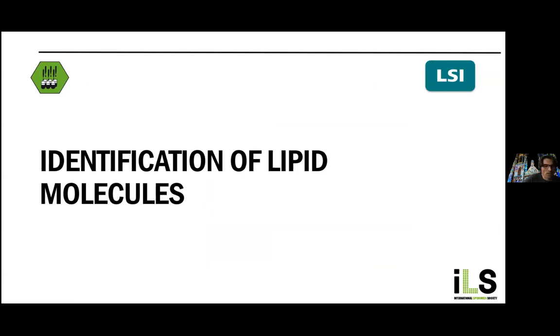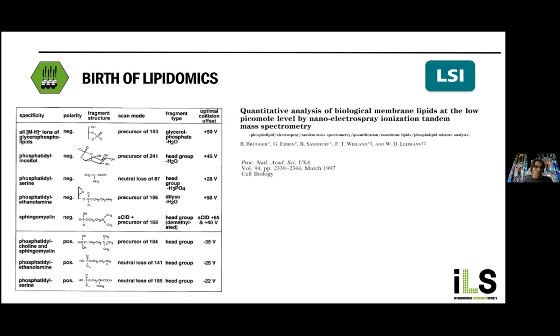So how do we identify lipid molecules by mass spec? Maria told you already something about that. Let me start a bit historically. That was actually the study which, at least for me, was some kind of birth of lipidomics.